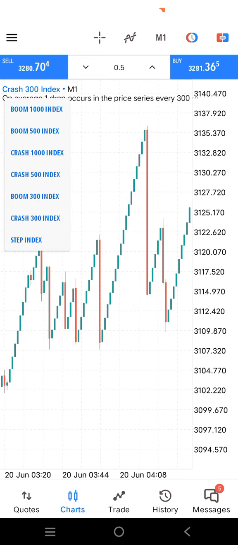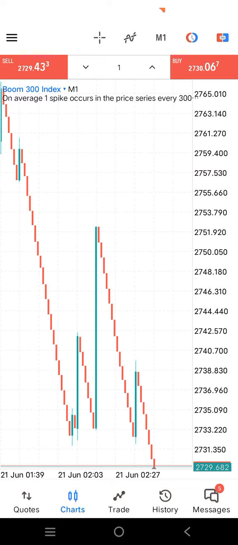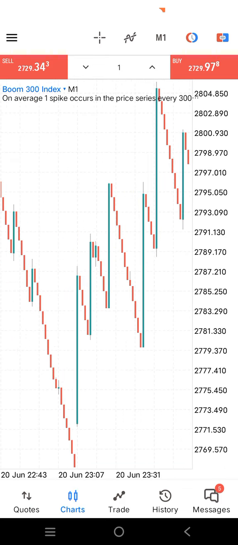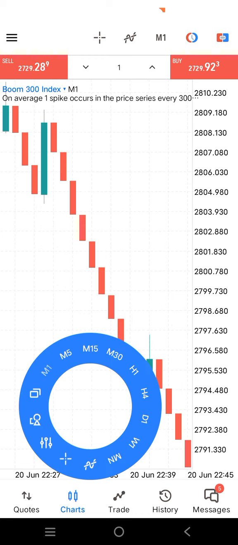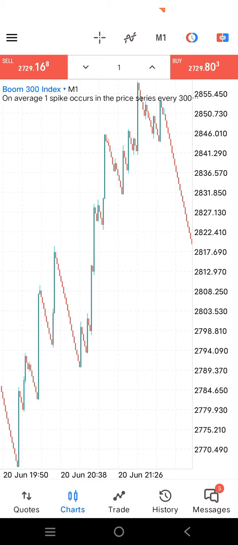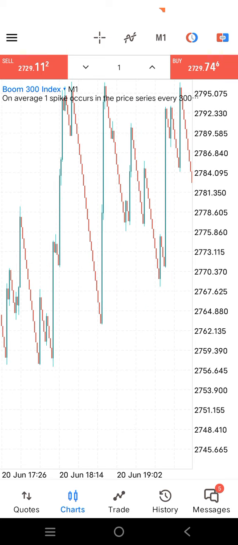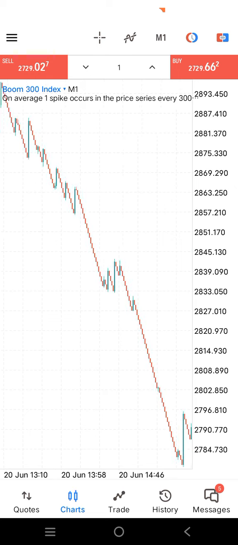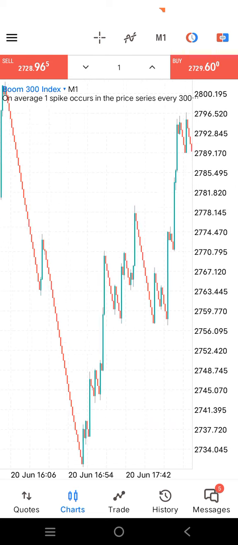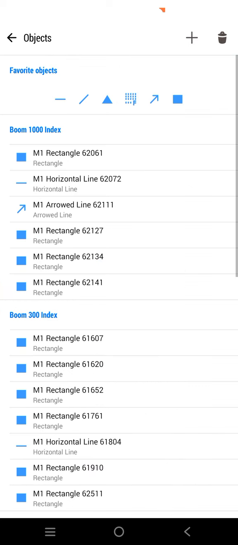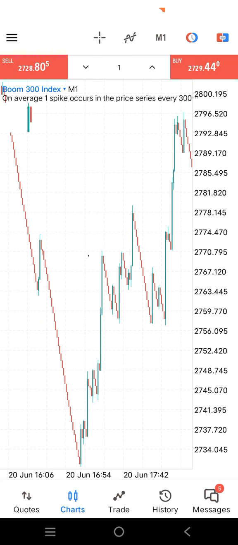I can show you on Boom. Let me check out the example for you. It must be somewhere at the bottom or at the top. If it's not at the bottom or top, check it out. This is an example. After a big sell, we found three candles here.